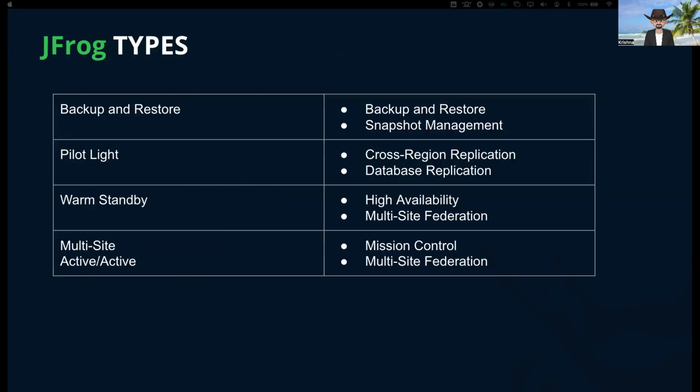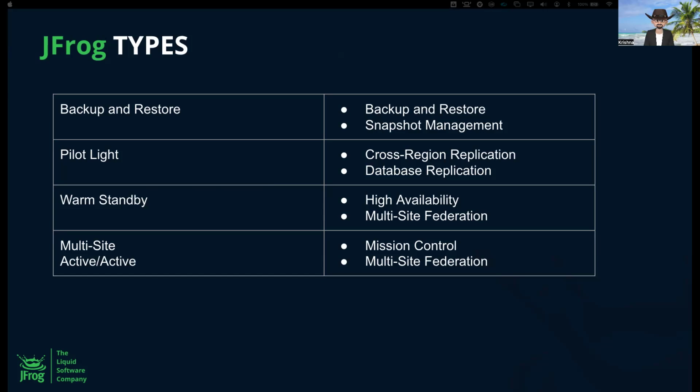Now I'm going to compare all these types with the market standards and how we can achieve this with JFrog disaster recovery options, aligning your JFrog specific solutions with commonly recognized DR strategies, so the organization can better understand how to leverage JFrog capabilities to meet your specific disaster recovery needs.